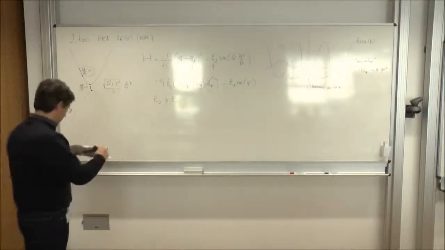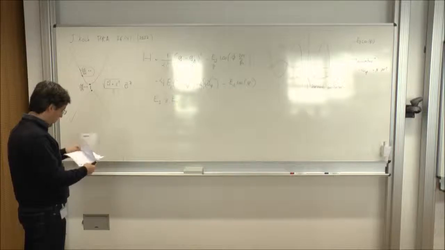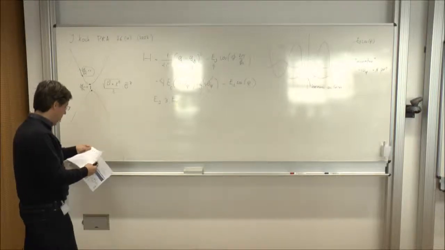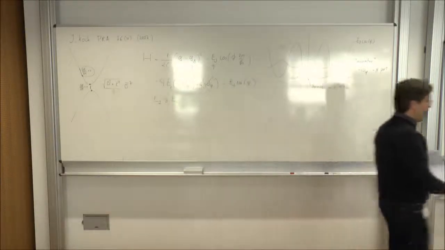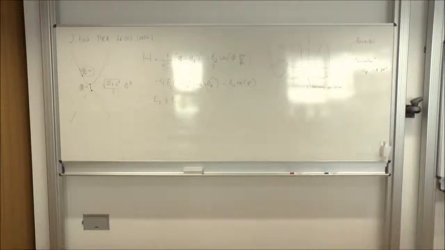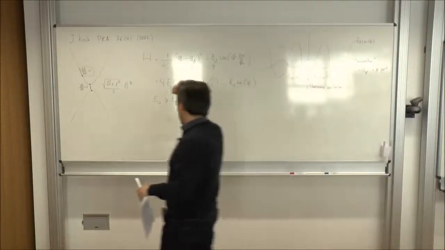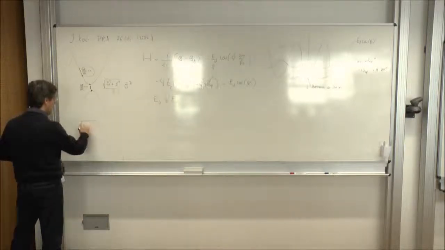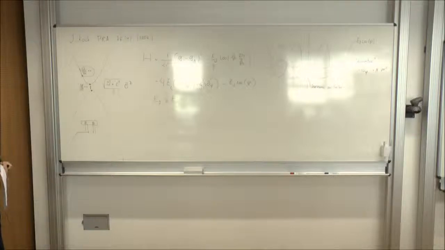So I'm going to put some pictures of how this looks like. The idea would be that before all this, we had a small island with two junctions that couple it to some ground plane.